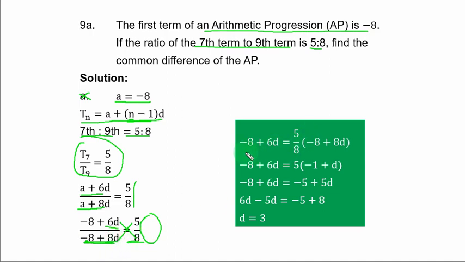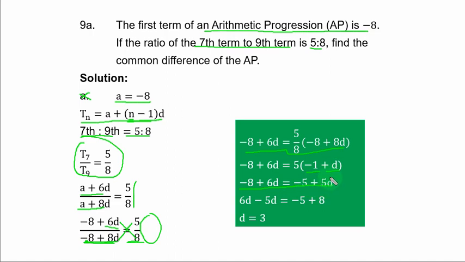So if you divide through by 8, here becomes minus 1 plus d only. So you open the bracket and you have minus 8 plus 6d equal to minus 5 plus 5d.